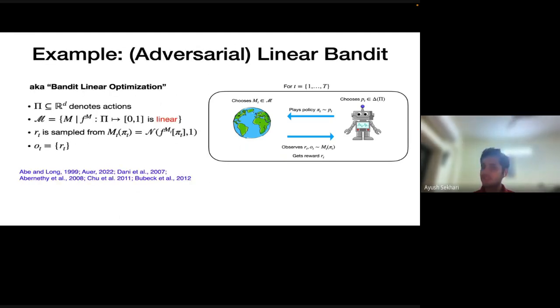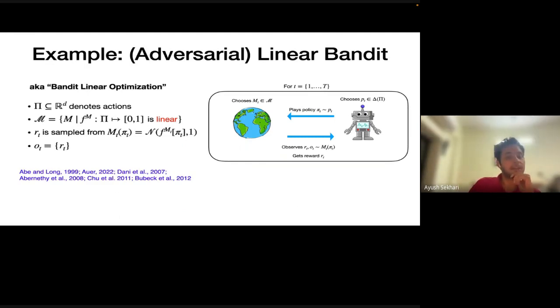Now, this framework is rich enough to capture more complex bandit-like problems. For example, starting with the bandit linear optimization problem or linear bandits, where instead of having discrete arms, we can have a continuous decision space or policy space.